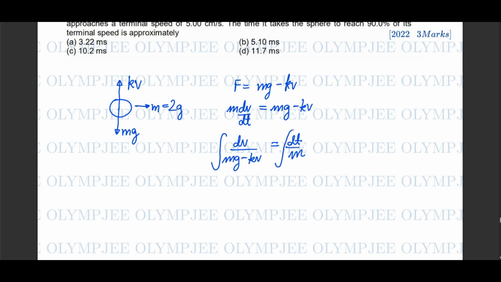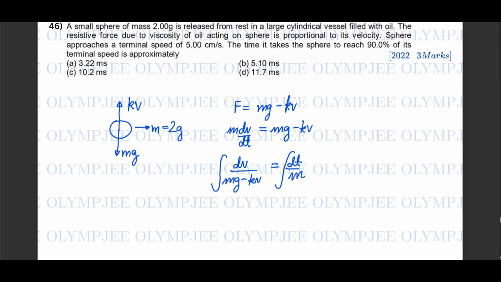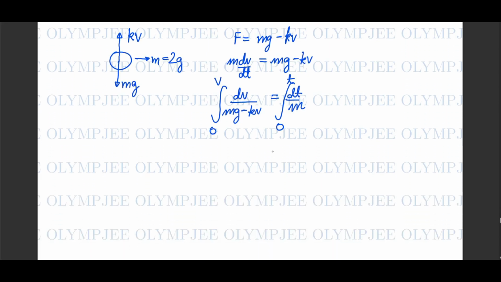So we know that at t equal to 0 the sphere was at rest, released from rest, so the velocity was also 0, and at any time t I'm taking the velocity as v. So on integrating we will get minus 1 by k log of (mg minus kv) divided by mg is equal to t by m.